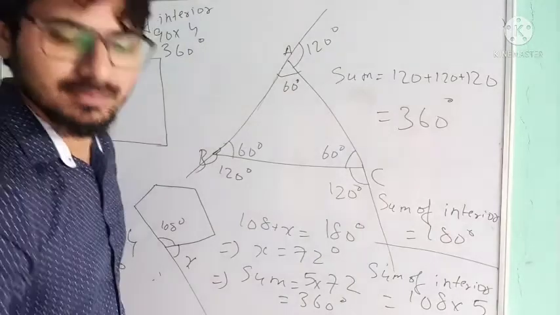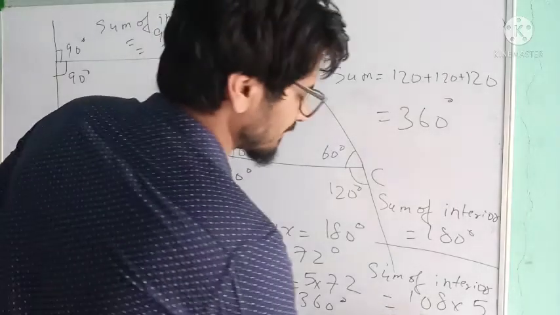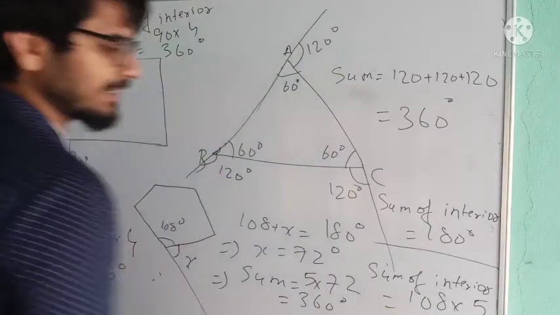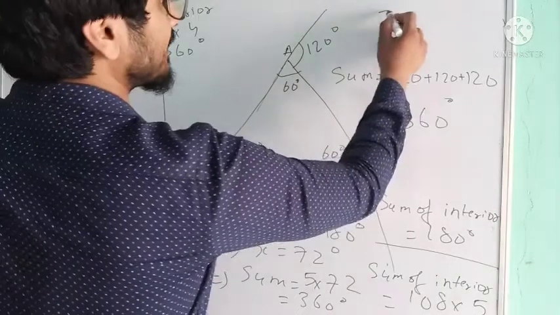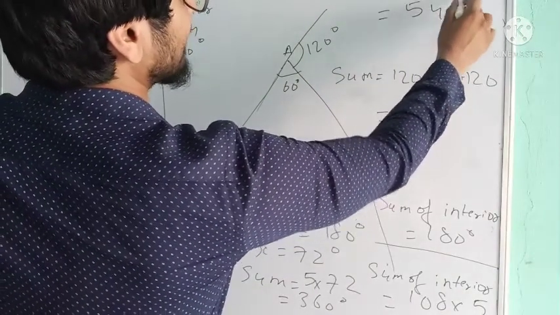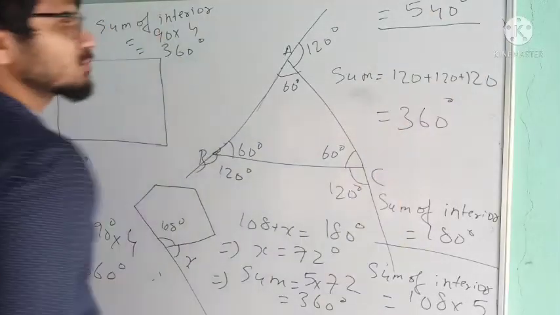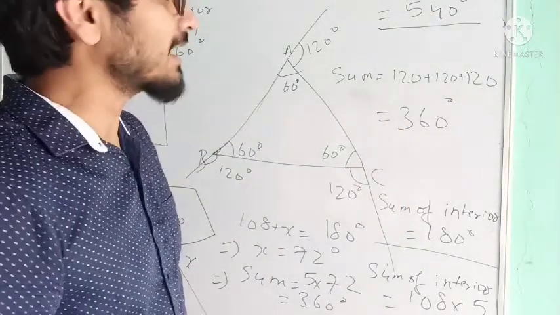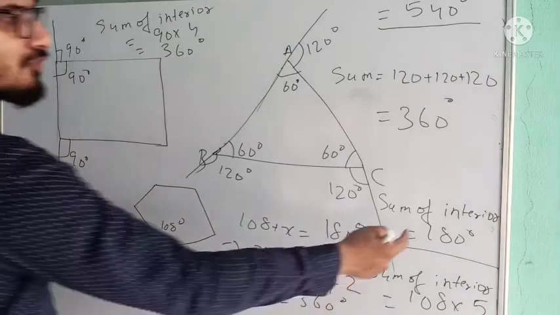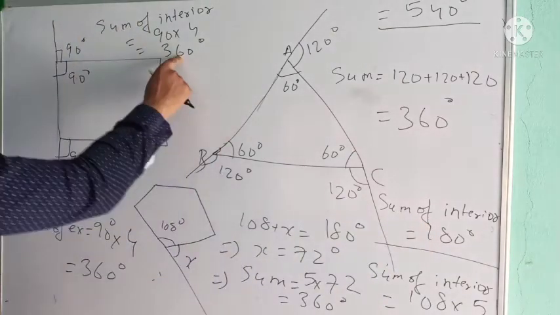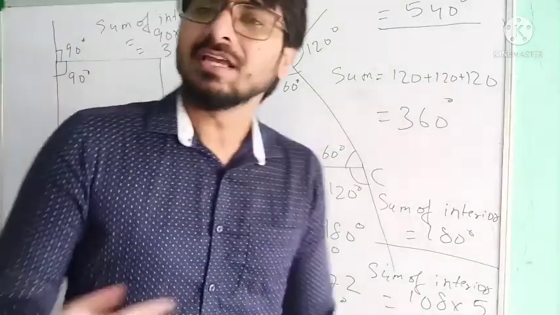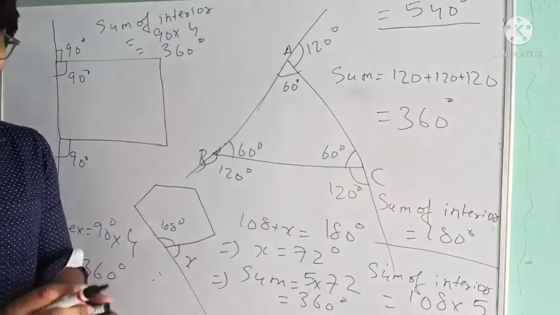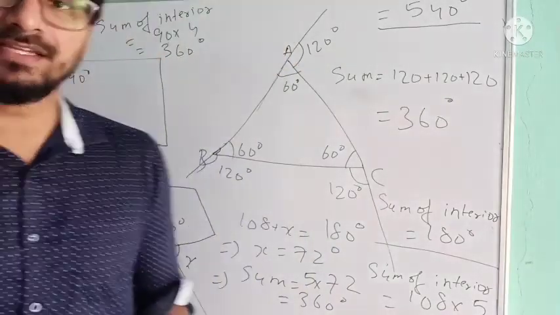Is it not visible? 108 into 5 is visible, right? So 108 into 5 is equal to 540 degrees. So you can see that the sum of interior angles has changed from 180 to 360 to 540, but the sum of exterior angles has remained constant at 360 degrees. Thank you.